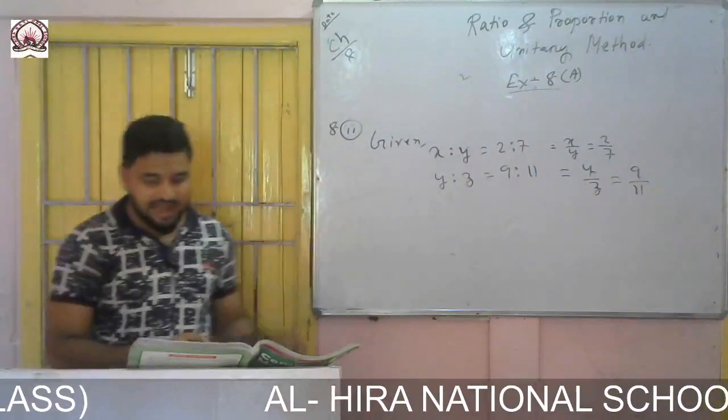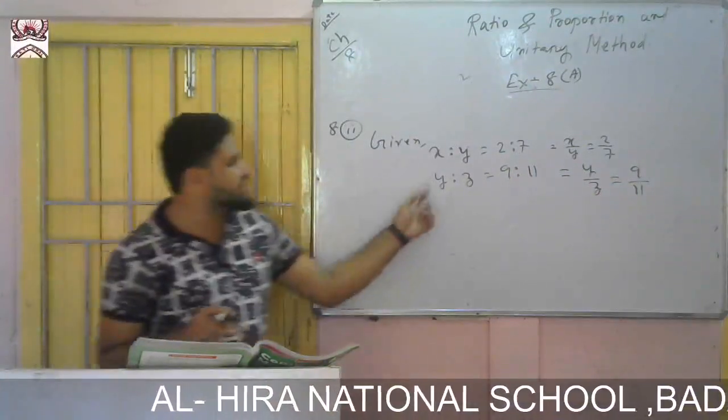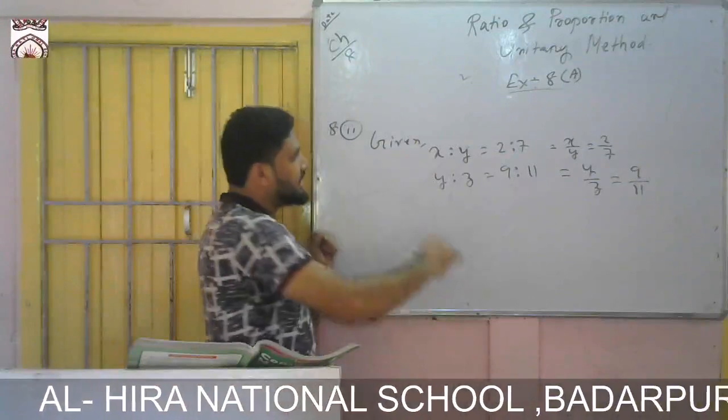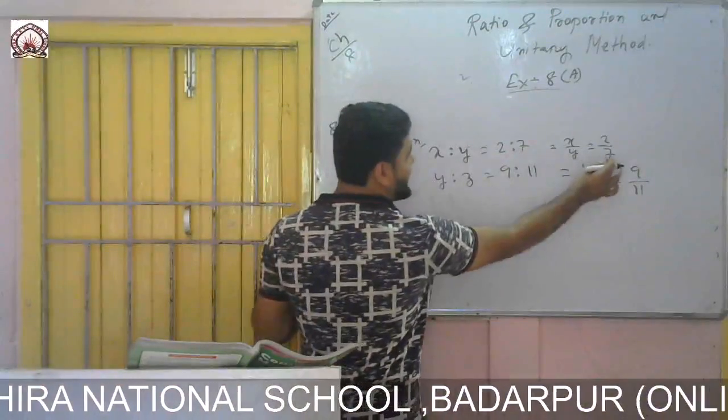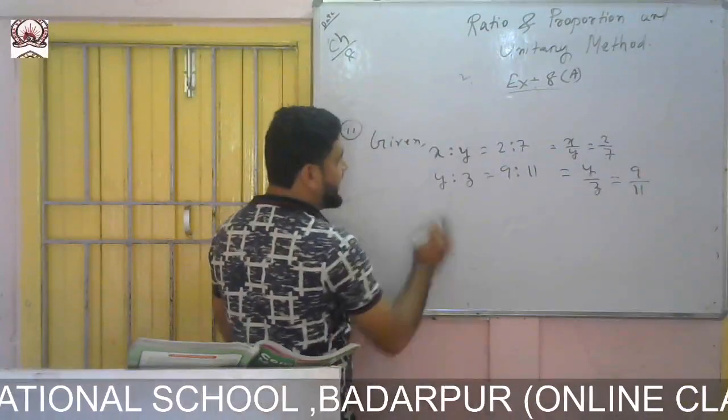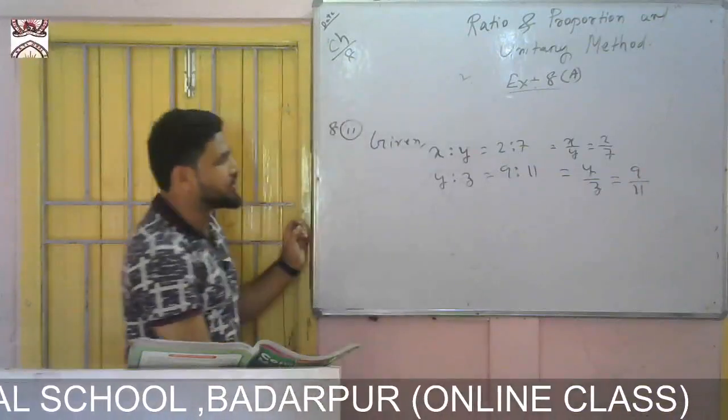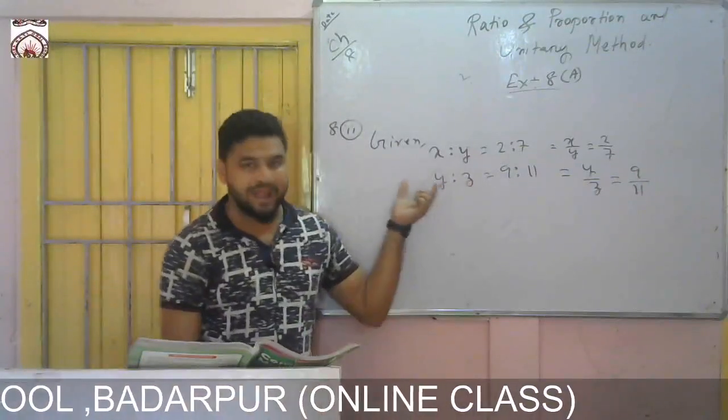Now since y has two values, you see here y has 7, and here y has 9. So I need to make the y value the same.